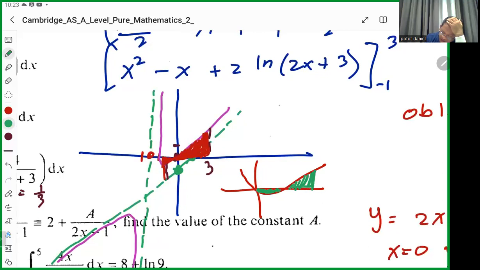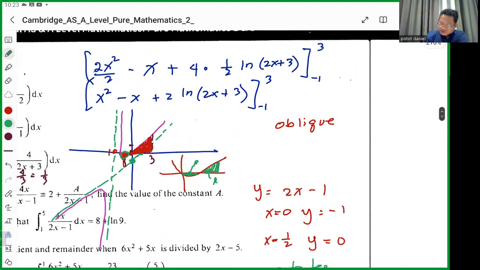So you need to get this region, and then you need to get this region. So that's what happens here. All right, so what we're going to do is plug in first negative 1 to 0, and then 0 to 3.